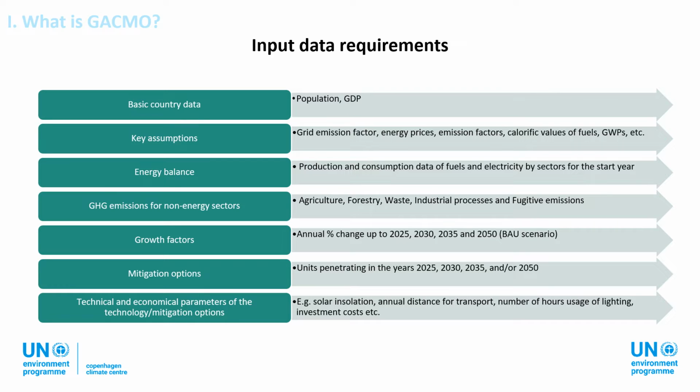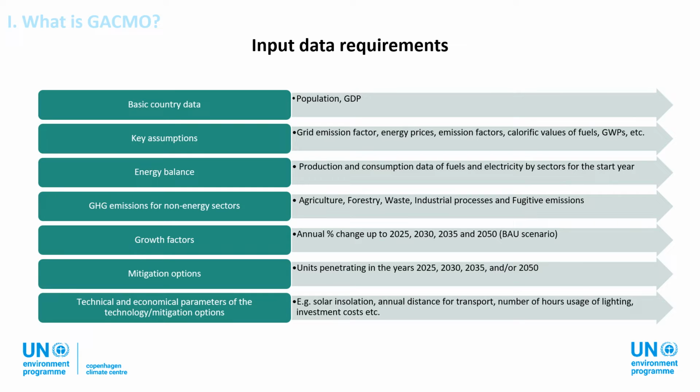Growth rates are an important input data requirement in GACMO. They are used by the tool to construct the business as usual scenario. Also, the user specifies mitigation options. The user needs to insert data on the units penetrating in the projected years, and this data will be used by GACMO to construct the mitigation scenario.